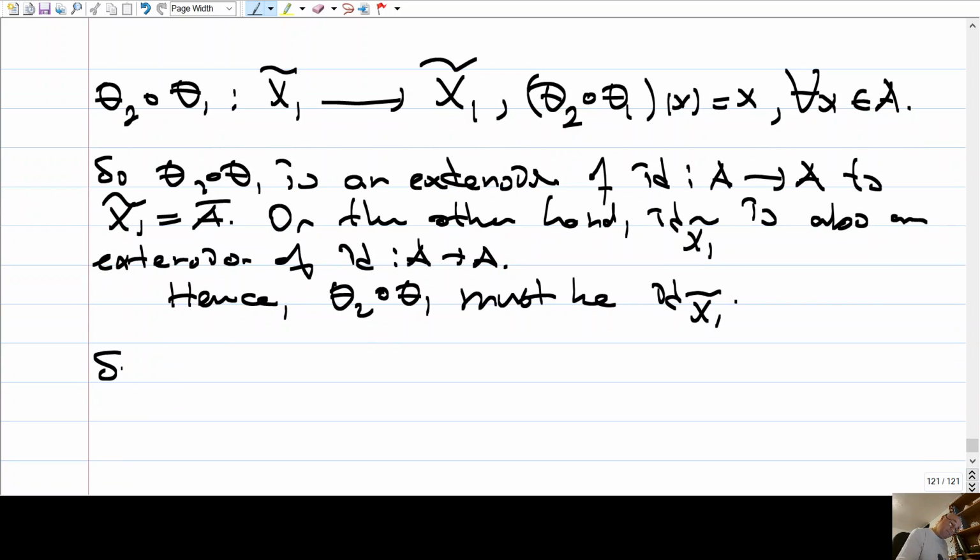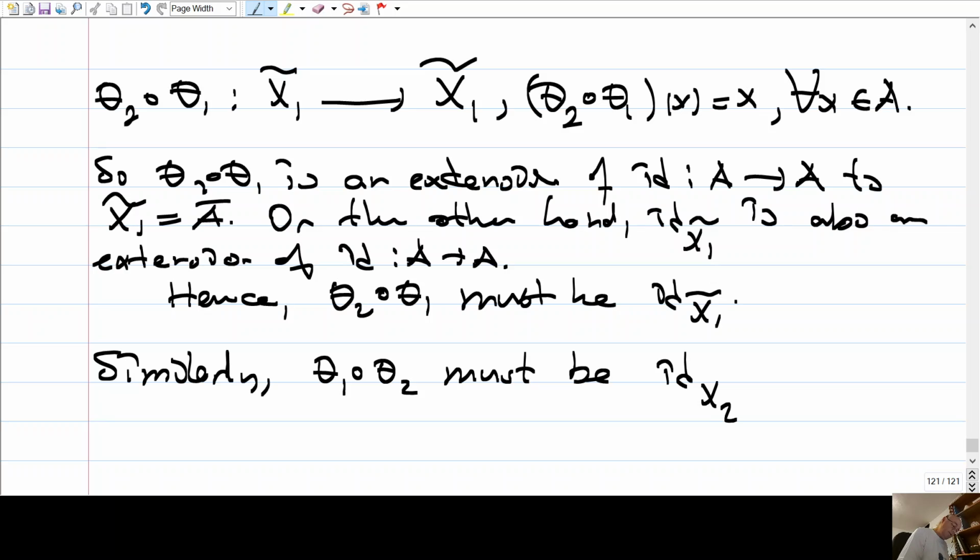Similarly, the other composition, theta 1, theta 2, must be the identity of x2 tilde. Okay, similar arguments. And this finishes the proof.